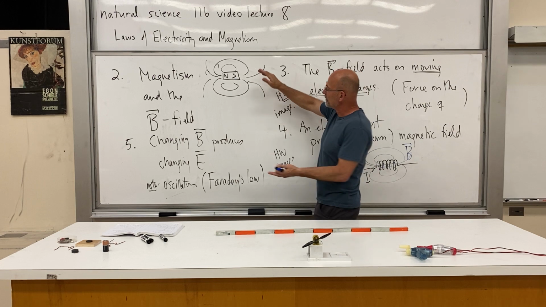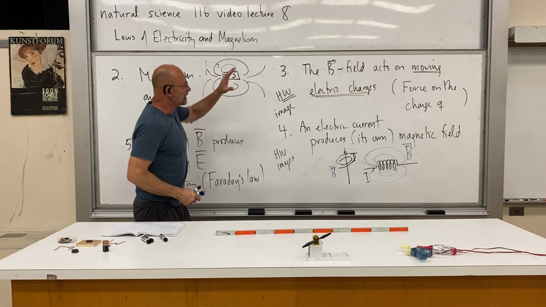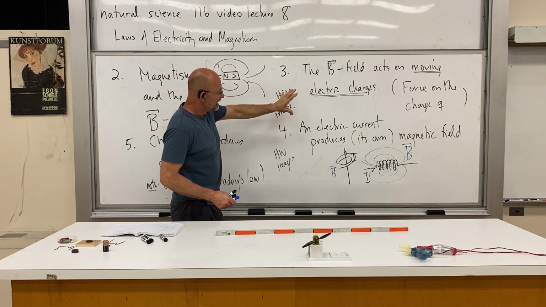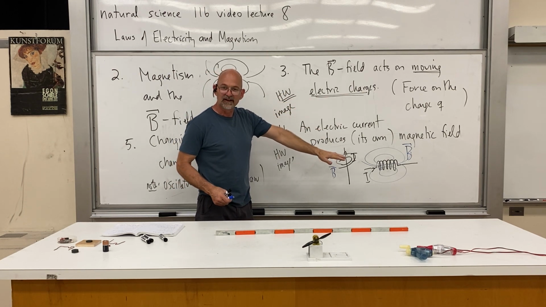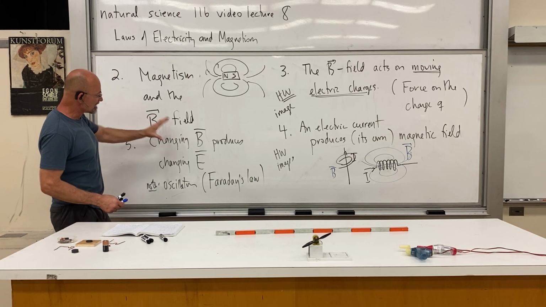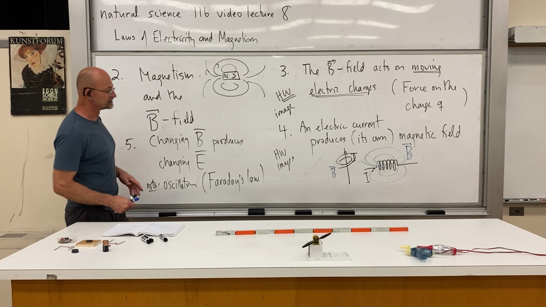So we've got the magnetic phenomena, and then we have the fact that the magnetic field acts on moving electric charges. The moving electric charges, as I say, electric current, produce a magnetic field. And then if you've got changing B fields, say oscillating B fields, you get oscillating electric fields and vice versa.